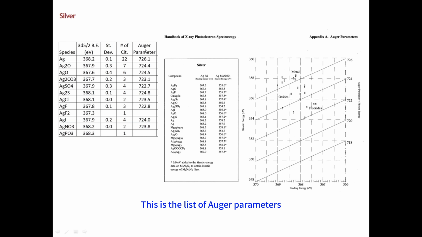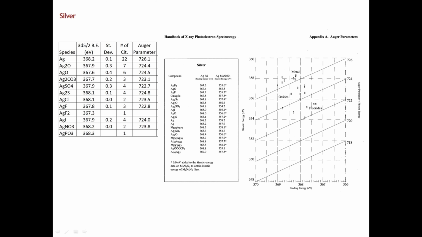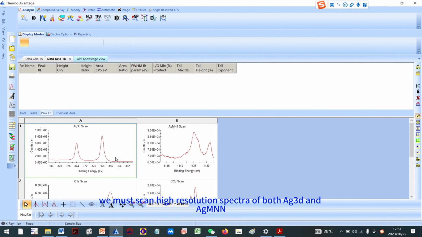This is a list of Auger parameters. You can see the values obtained from the sum of the binding energy of silver 3d5 and the kinetic energy of the Auger peak for different chemical states. In our actual data, we must scan high resolution spectra of both silver 3d and the Auger peak.